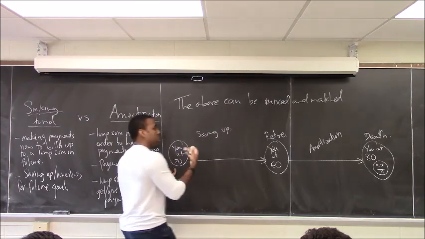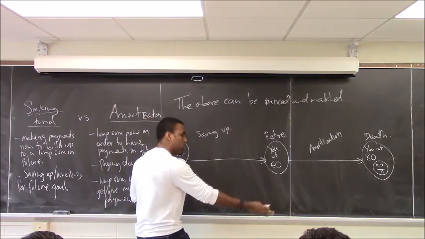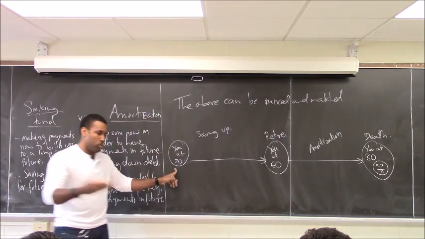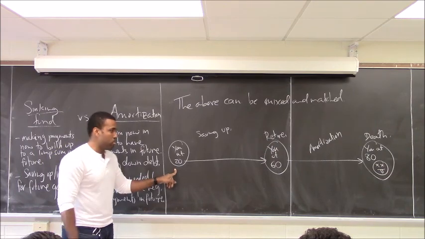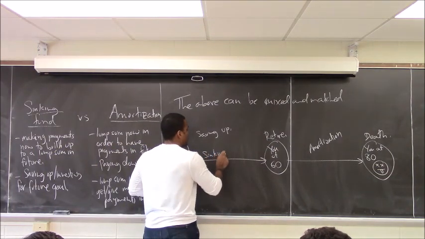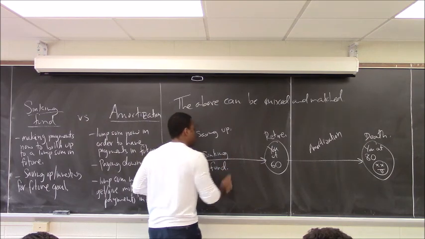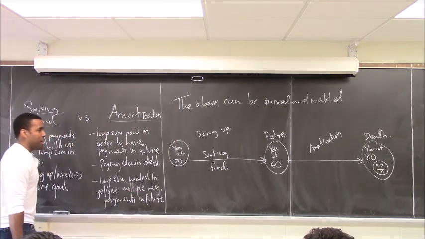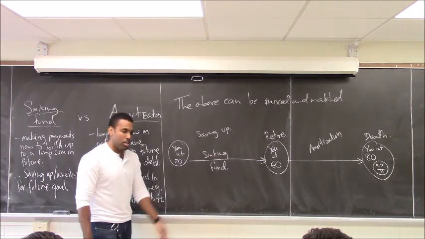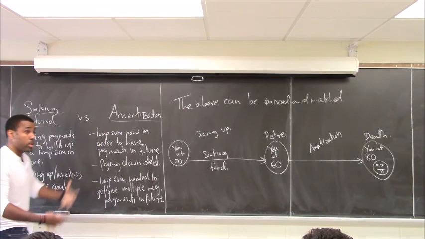With every paycheck, you take a little bit and put it into an account, hopefully investing it so it appreciates, and you're not hiding it under your mattress where your money gets devalued because of inflation. So over here is where the sinking fund would apply. In the first half of your life, your working part, the sinking fund is very important. That's when you're saving up and building your wealth.